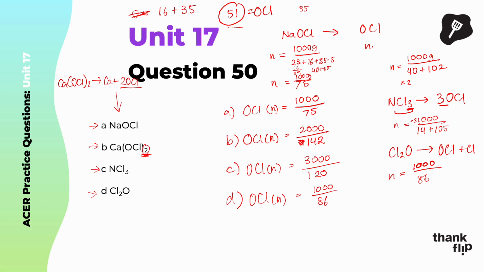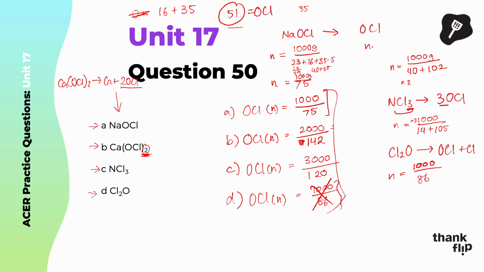All right, so now we have to figure out which one of these is the biggest answer option. Okay, so here the denominator is bigger, so this is going to be smaller than option A. Option A is going to be bigger, so I'm going to eliminate this.